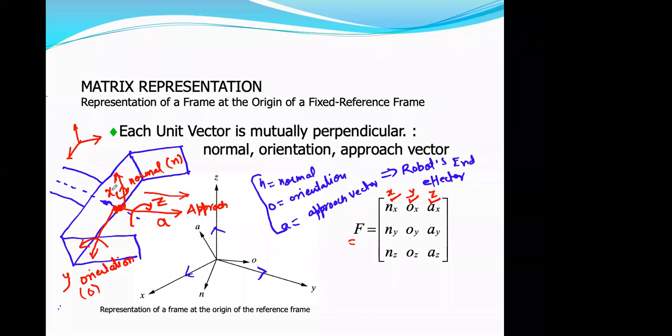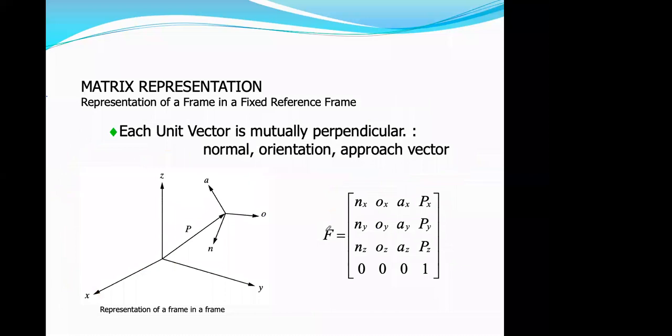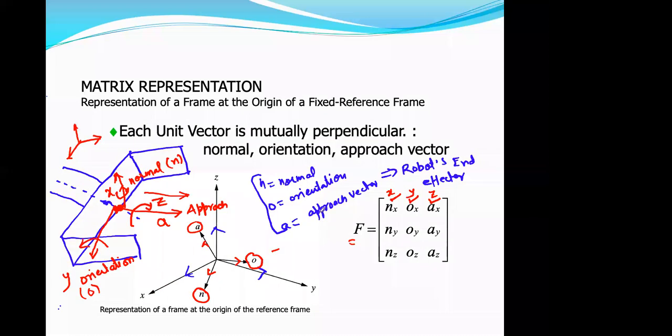Whatever motion is in the x direction will be called normal, and the remaining one, orientation, in the y direction. In this way the robot end effector frame can be assigned by A, N, and O. I think it is quite clear how we can assign the robot frame.